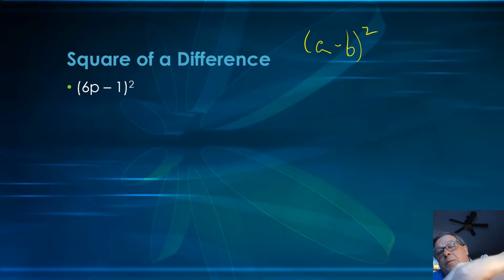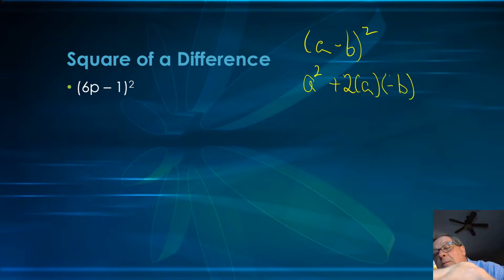And we could then establish this particular pattern. We would have a squared, and I'm going to do it a couple of ways, plus 2 times a times negative b, plus b squared.